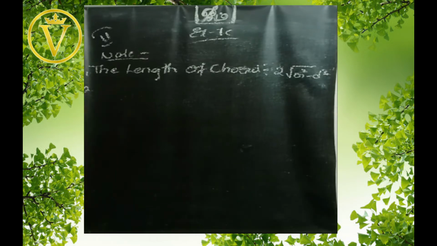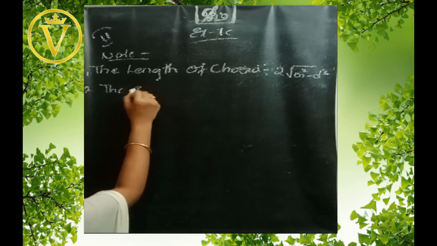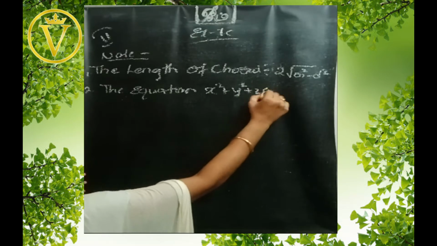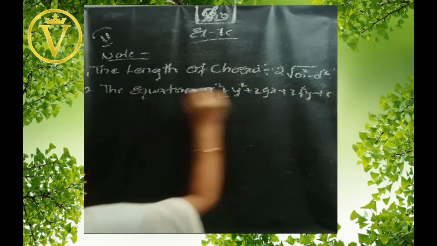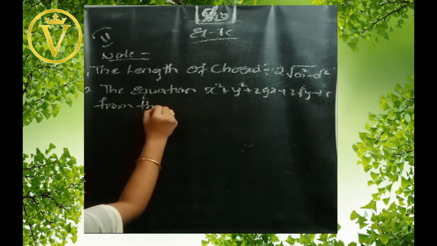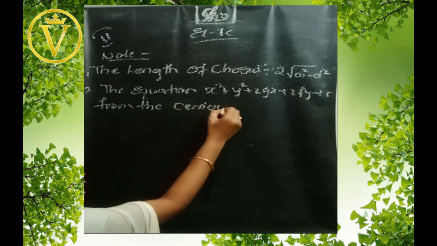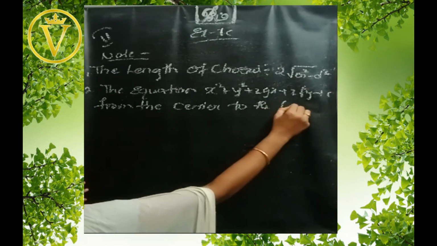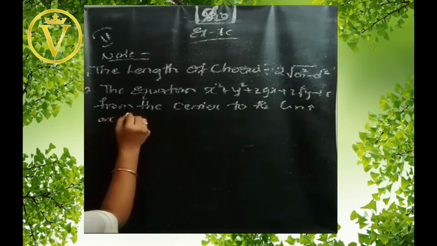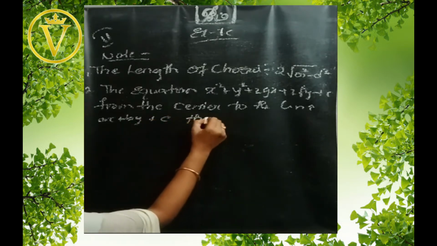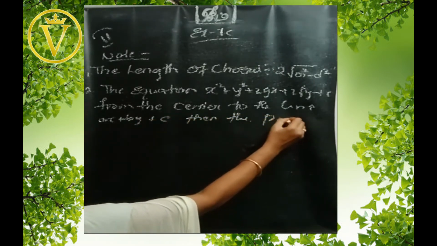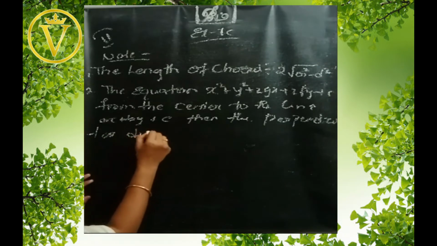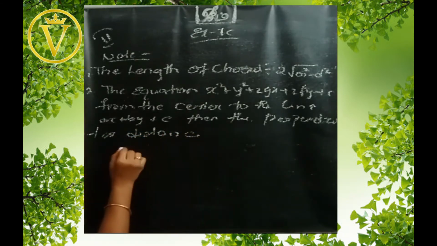Now the second note. For the circle equation x square plus y square plus 2gx plus 2fy plus c equals 0, the perpendicular distance from the center to the line ax plus by plus c is d.